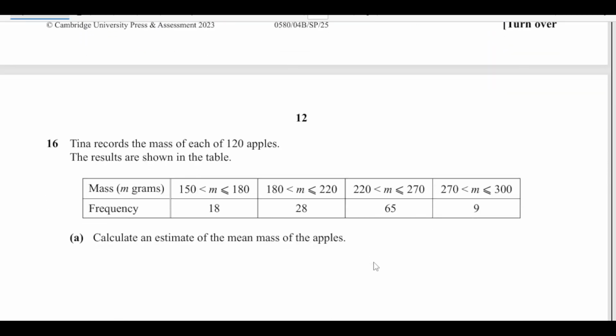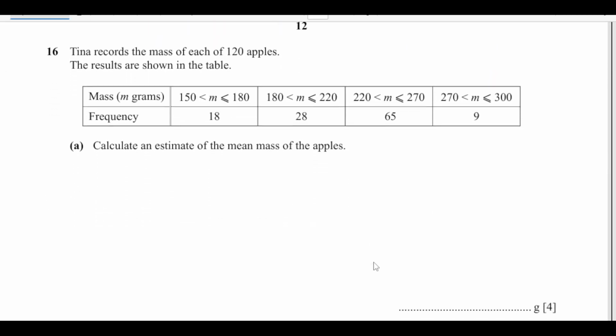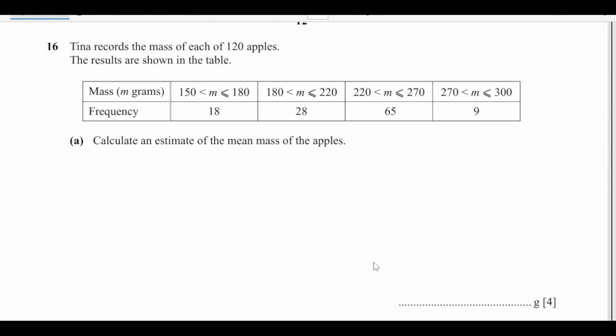Okay, now number 16, we have this table here. Tina records the mass of each of 120 apples. You can see mass, and then we have frequency. Calculate an estimate of the mean of the masses of the apples.